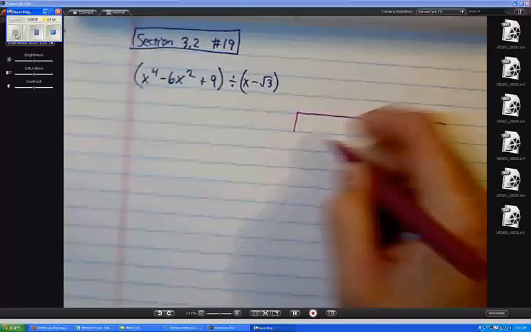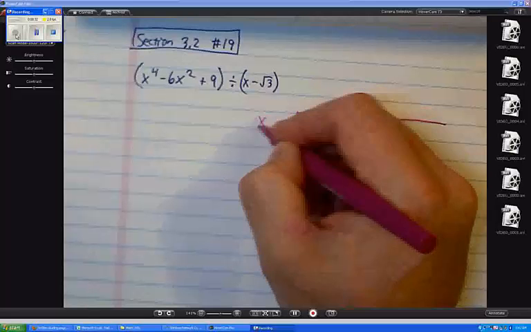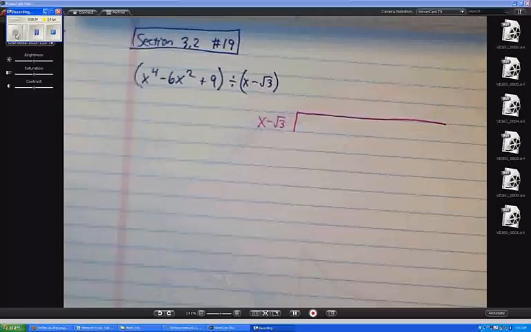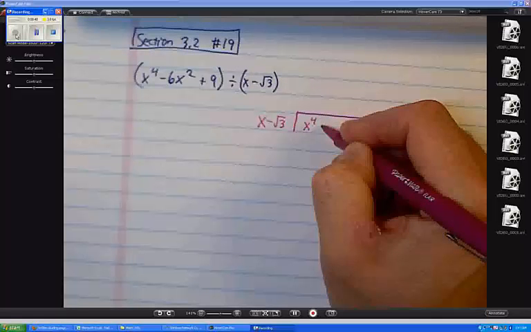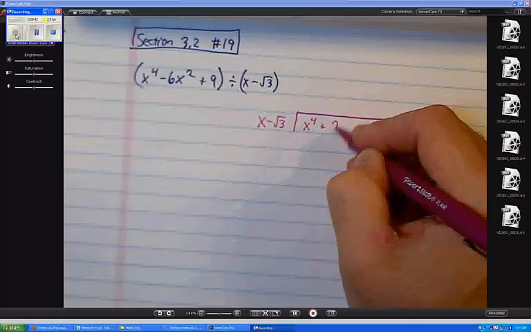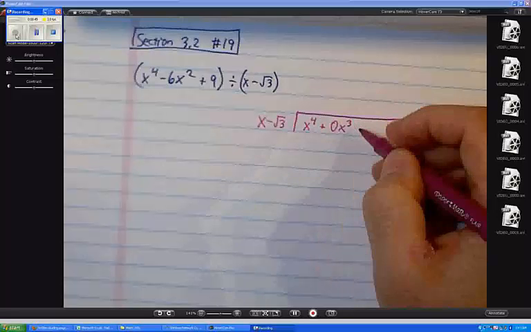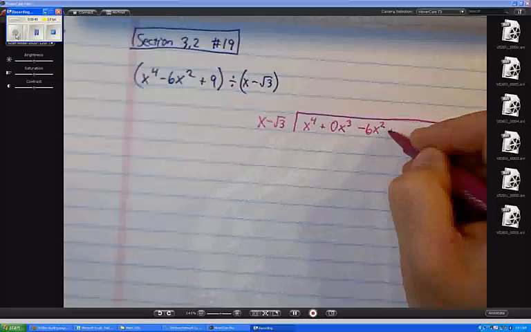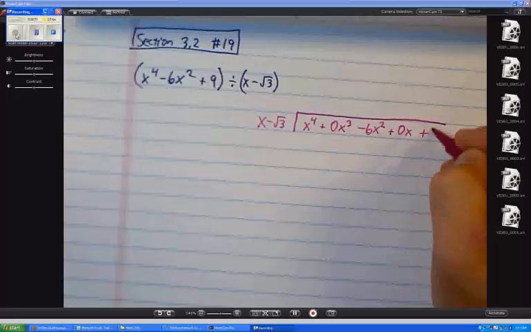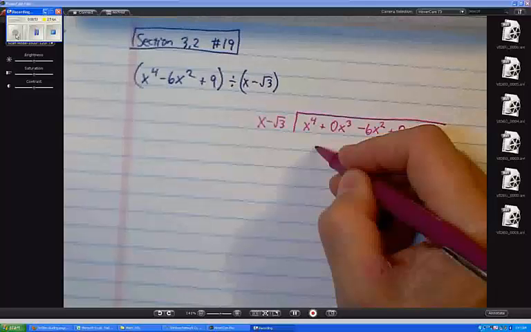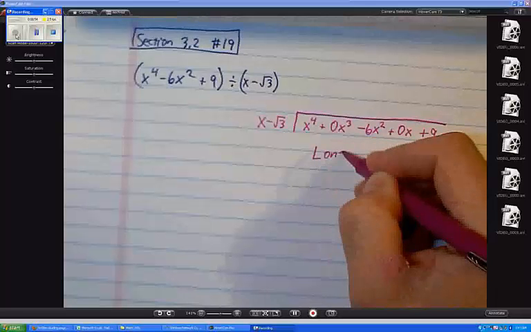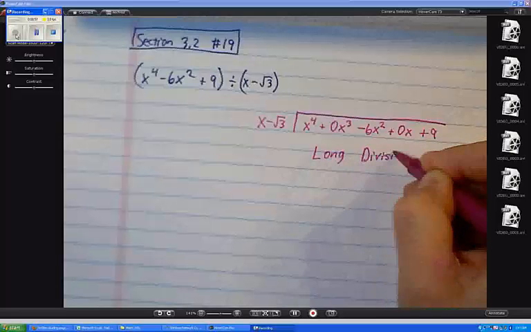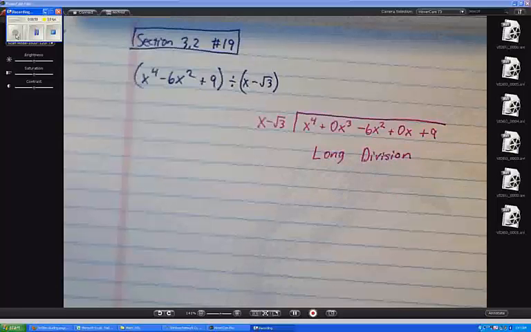X minus the square root of 3, right? And so you could write x to the fourth plus 0x cubed, if you want, minus 6x squared plus 0x plus 9. And this would be called long division.